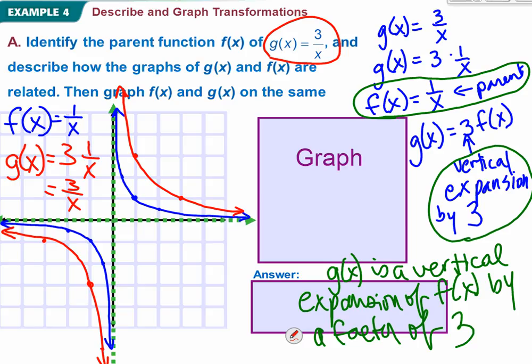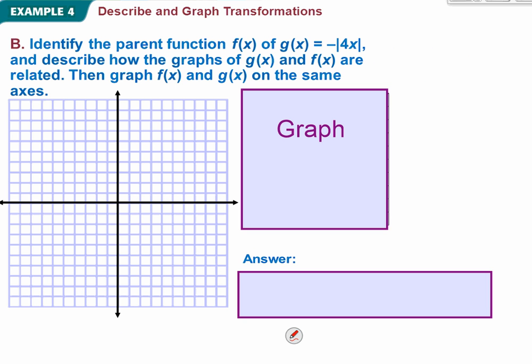Does that make sense? Because here's the absolute value, that V shape. If I multiply 2 times the absolute value of x, it'll just be narrower, right? And if I take the absolute value of 2x, so I'm multiplying by 2 first and then finding the absolute value, I'll get the exact same points. So it's all about how the book authors have written the function as we look at it.